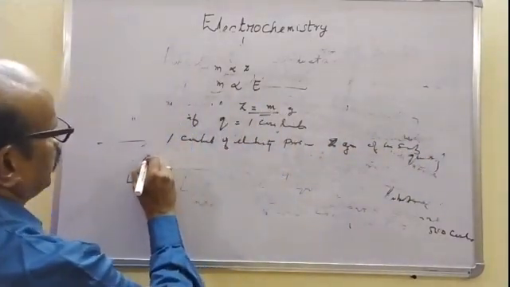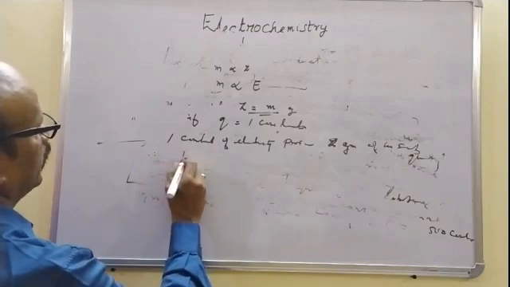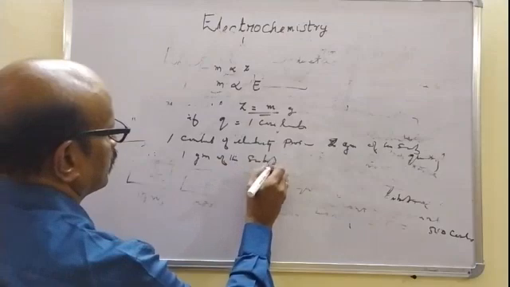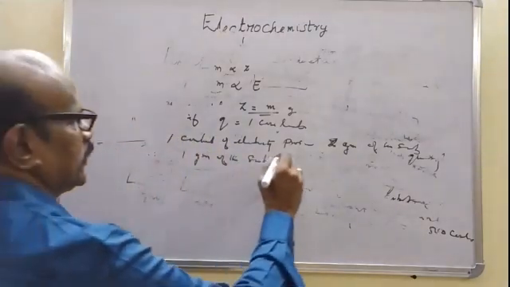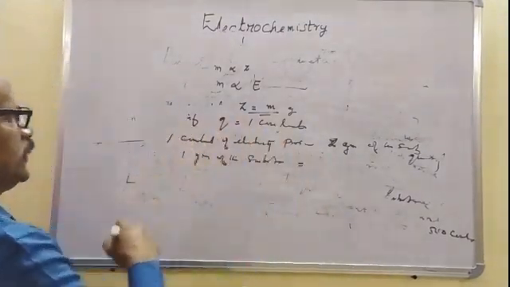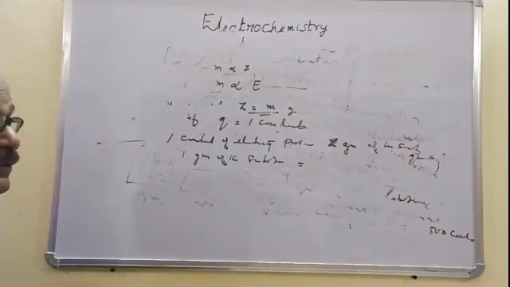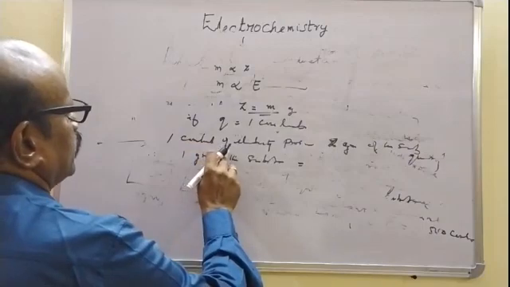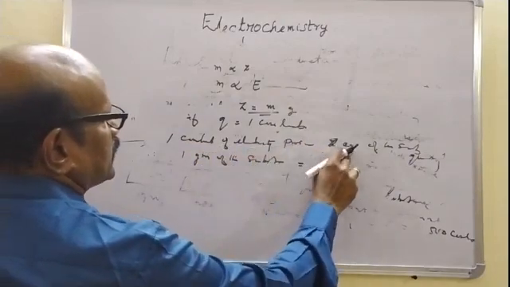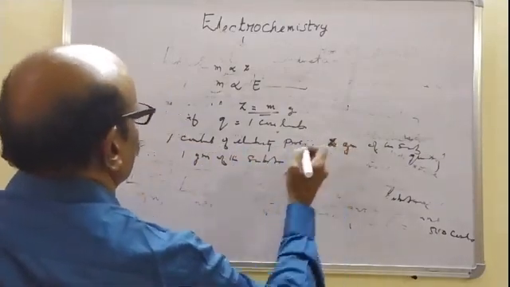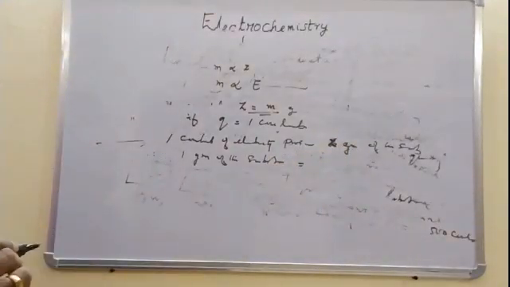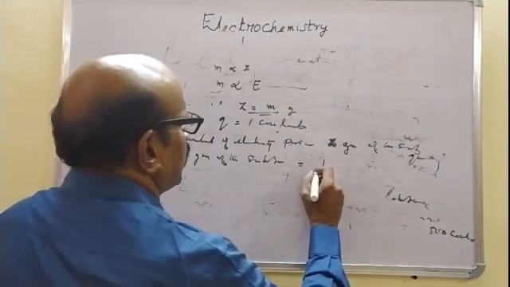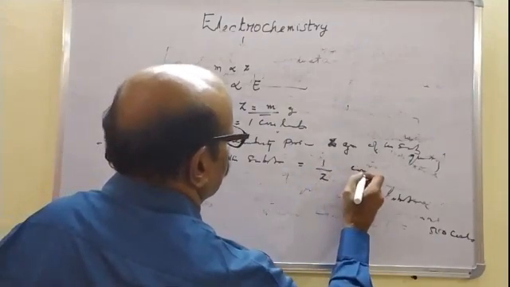Therefore, 1 gram of the substance is deposited by how much quantity of current? You know that Z gram of the substance is produced by 1 coulomb of electricity. Therefore, 1 gram of the substance is deposited by 1 by Z coulomb.